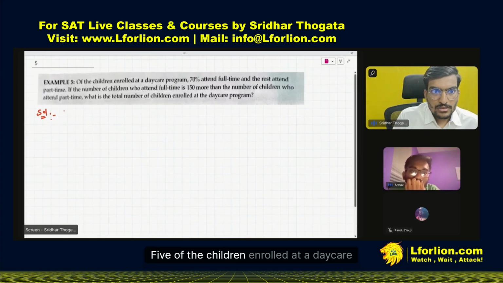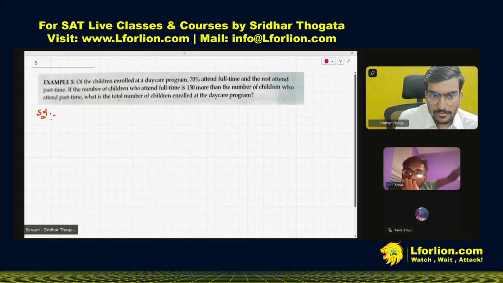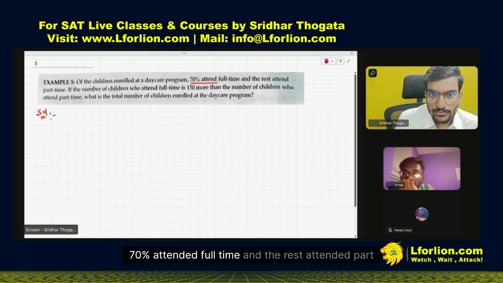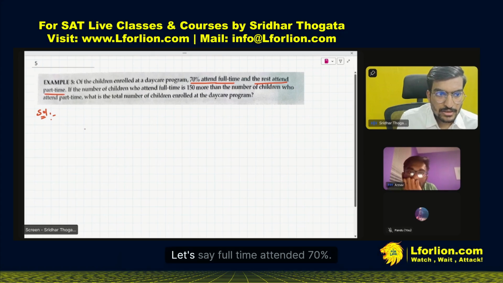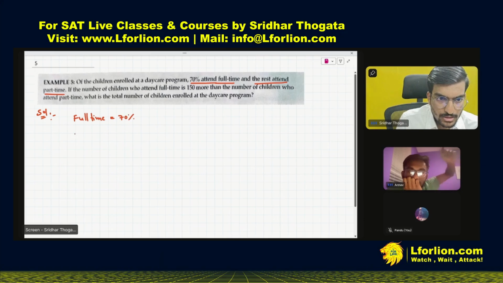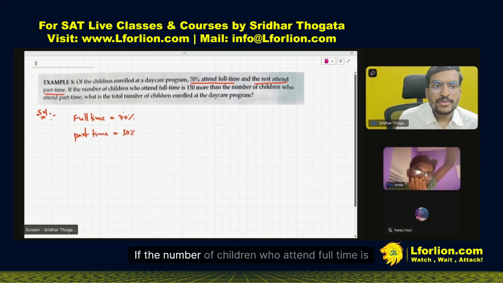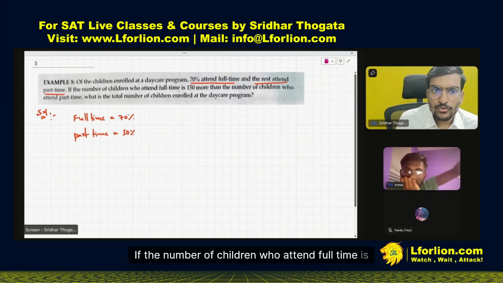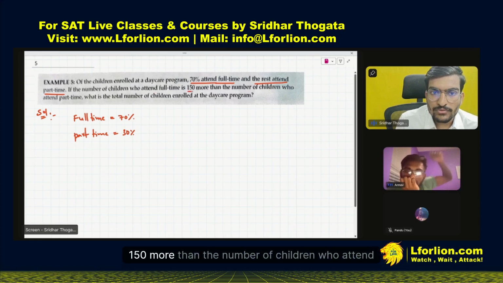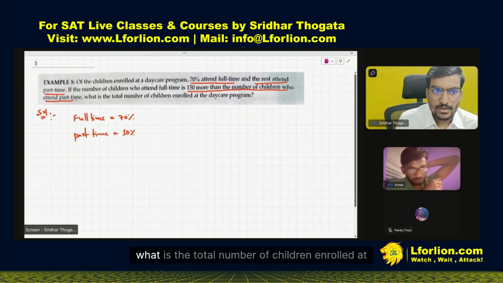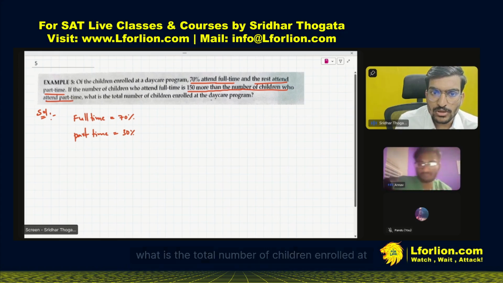Example 5. Of the children enrolled at a daycare program, 70% attended full time and the rest attended part time. Let's say full time attended 70%, part time attended 30%. If the number of children who attend full time is 150 more than the number of children who attend part time, what is the total number of children enrolled at the daycare?